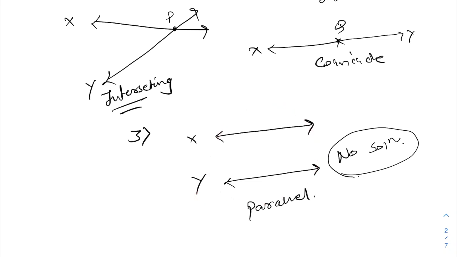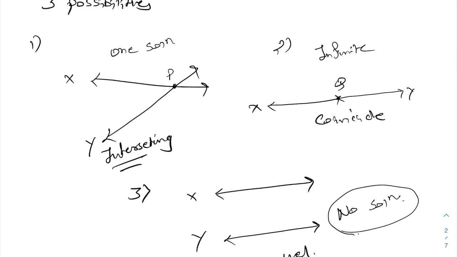Now I think you must have understood that by drawing the graph for the pair of linear equations we can decide how many solutions are possible. First, we decide the nature of the graph, meaning whether the two lines are intersecting, coinciding, or running parallel to each other.